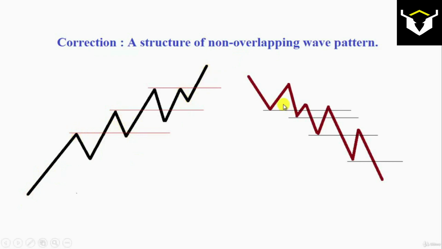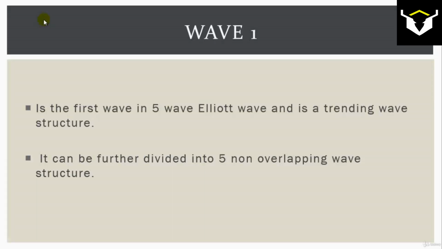Similarly, in this downside wave structure, each wave is mixing with its previous wave, suggesting that the down move is in a kind of correction. Similarly, this up move is in a kind of correction. So, if there is a correction, one of the most important points to note will be the overlapping wave structure. We have covered which are trending wave structures and which are non-trending wave structures.